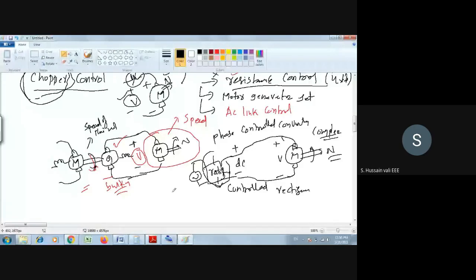So the fourth method is chopper control. The third method does not have many disadvantages, but even so, see how to do this using choppers. So what is a chopper?